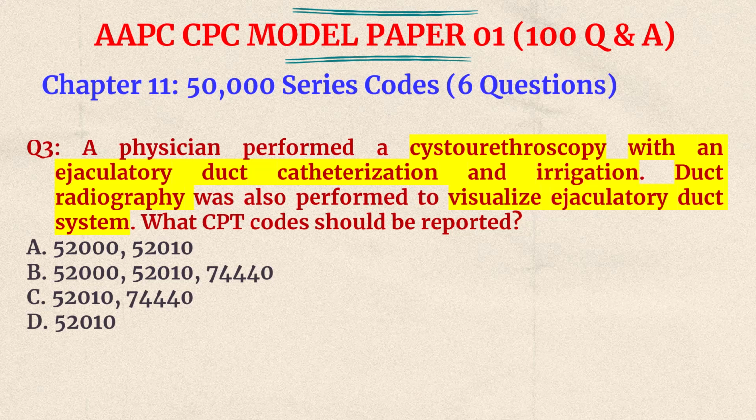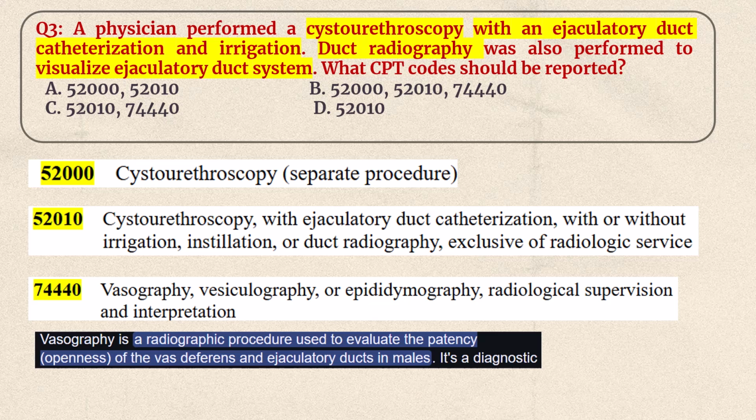So directly go to the code. When you go to the code 52000, it says cystourethroscopy, that is a separate procedure. 52010 says cystourethroscopy with ejaculatory duct catheterization, with or without irrigation, instillation or duct radiography, exclusive of radiologic service. So this code is perfectly matching the scenario, that is cystourethroscopy with an ejaculatory duct catheterization and irrigation.